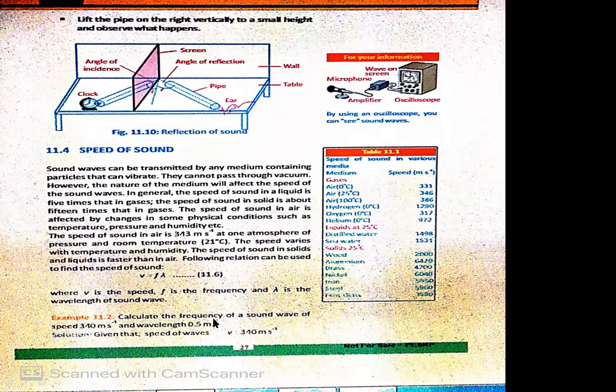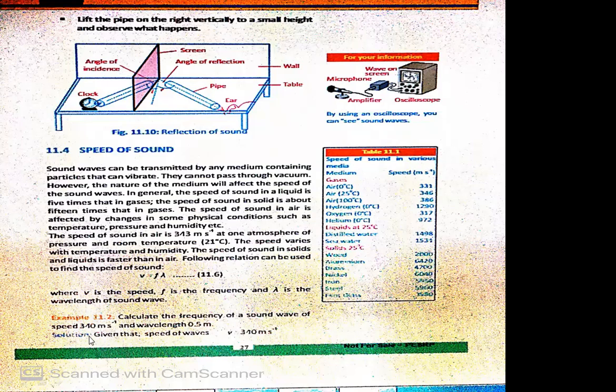Calculate the frequency of a sound wave of speed 340 meters per second and wavelength 0.5 meters.